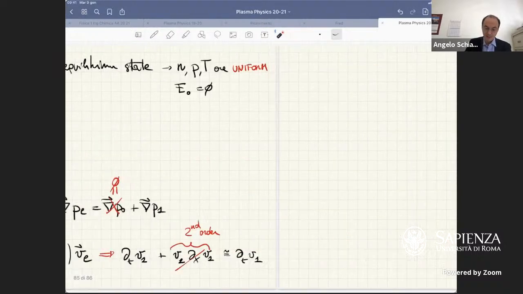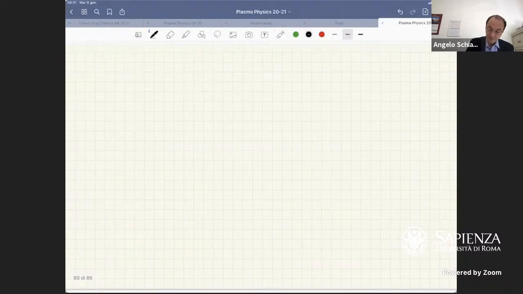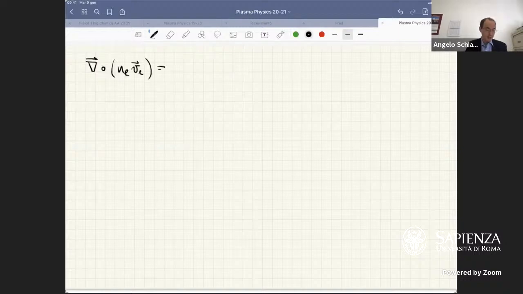We can work a little bit on this term. So this is the divergence of n_e times v_e. And we linearize it, as this becomes ik. I'm going directly to complex notation and linearize it.